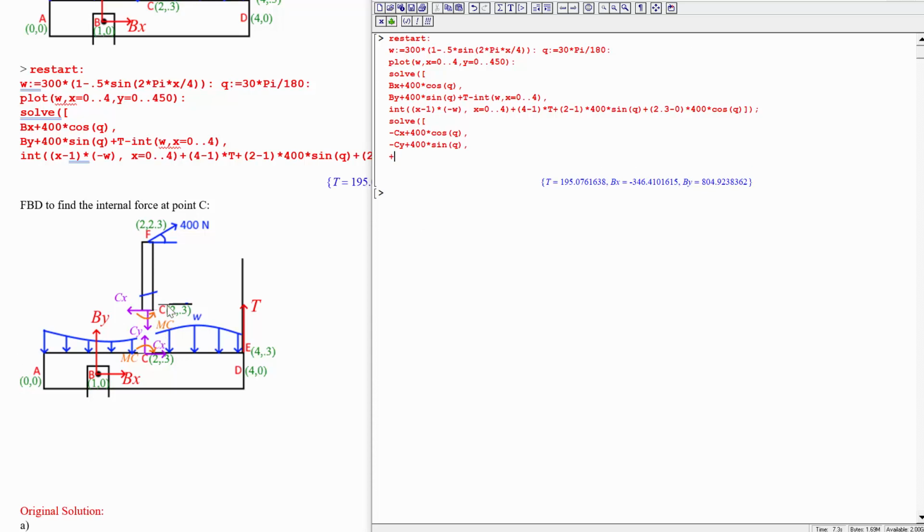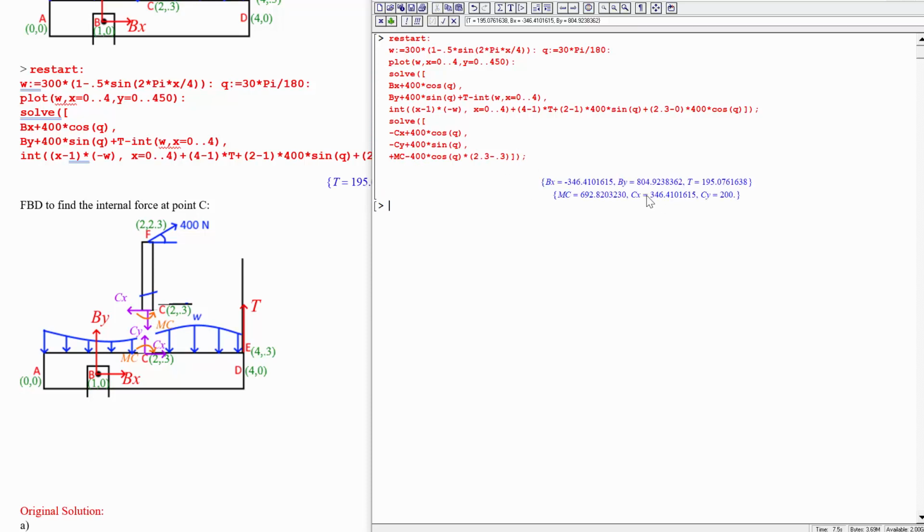So we'd have plus MC minus 400 cos of 30 times 2. 2 is the height difference. Maybe let's make that 2.3 minus 0.3 to make it more clear where that came from. That much up, and then just the x component, because there's no x displacement, so we don't have any part of the y component contributing to the force about this point. Yeah, so there's that. And then anything else? No, because we found the torque about the bottom. That should be it. All right.